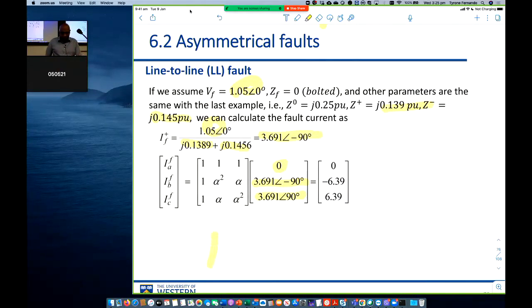And if you pre-multiply by matrix A, then you have the phase currents. And you can see lines B and C were short circuited. Line A is not connected, so the current in phase A is 0. And you have currents in phases B and C, which are flowing in opposite directions, right? Makes sense.